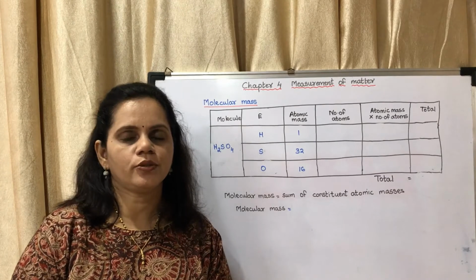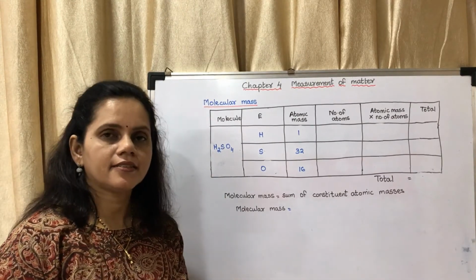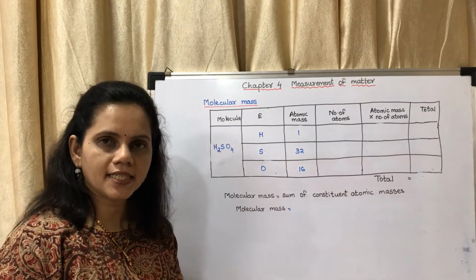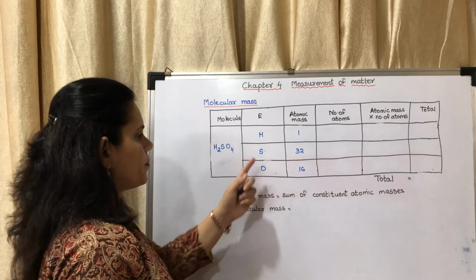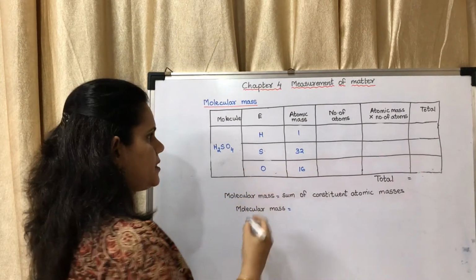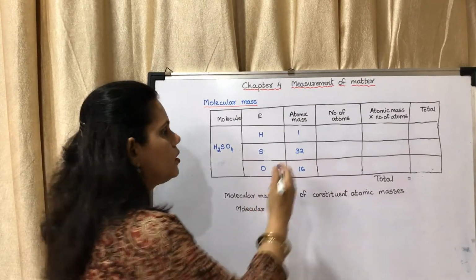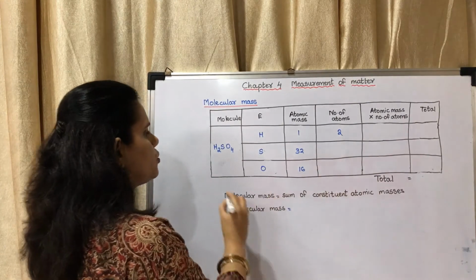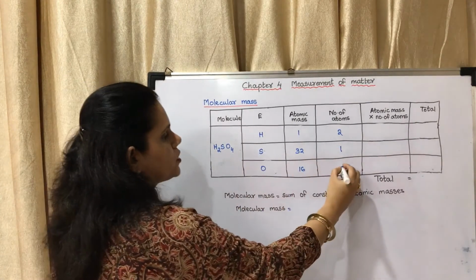Now the next is H2SO4, that is sulfuric acid. So in sulfuric acid there are three elements, H, S and O. Okay, so H atomic mass is 1, S atomic mass is 32, O atomic mass is 16. So number of atoms of H, you may see it is H2, so the number of atoms of H is 2. How many atoms of sulfur? 1. And how many atoms of oxygen? 4.